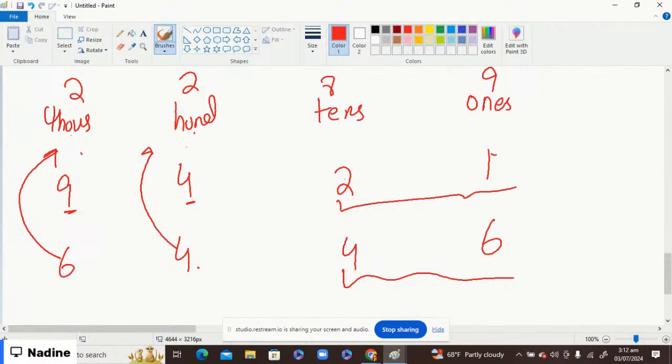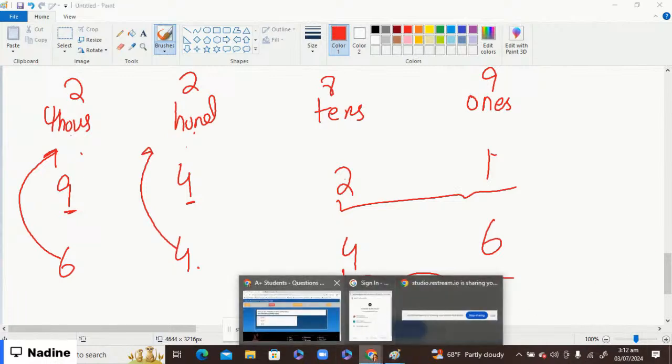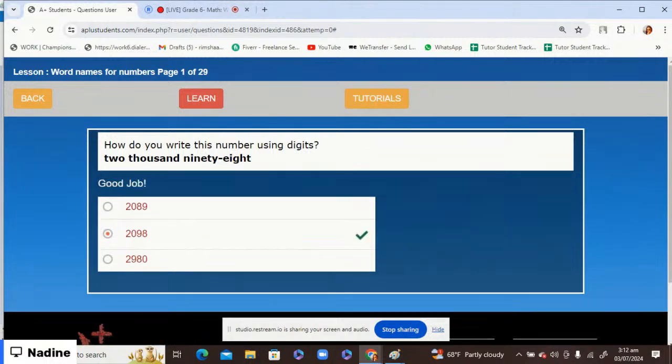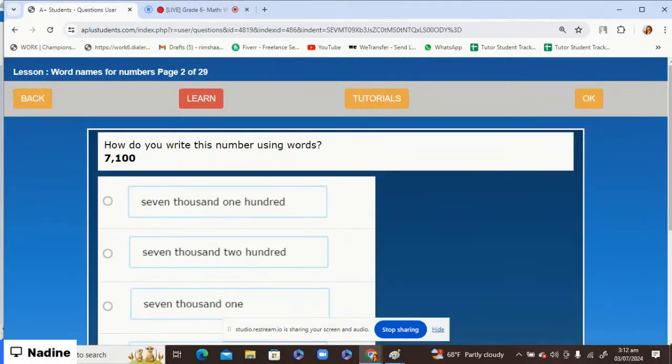Okay, 2000. So here is 2098. So how can we write 2098? So this is 2098. Okay.